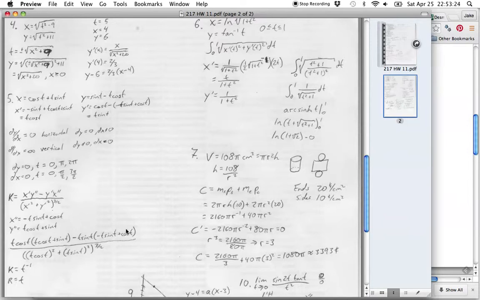So those cancel out. So in the numerator we just had t squared. Here we have a similar situation. We've got t squared cosine squared plus t squared sine squared. So we've got t squared, and that's raised to the 3/2. So then that's t cubed. So we had t squared over t cubed. So our k, our curvature, equals t to the -1. And just remember that the reciprocal of that is our radius, and that's then t.